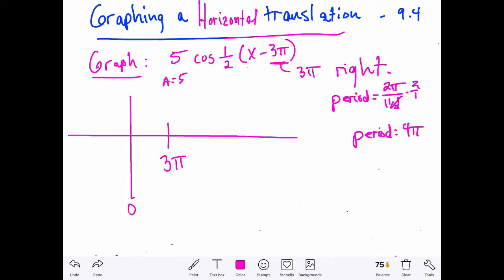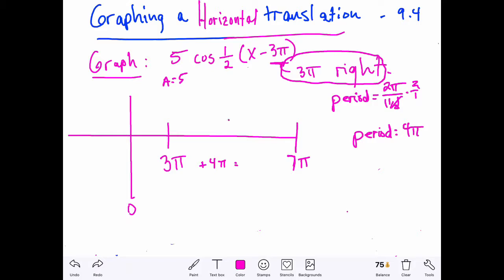Well, I'm going to add that to my starting point of 3 pi. Okay, so I wanted to start with that translation right first, so that instead of adding that 4 pi to 0, I'm going to add it to this 3 pi. Well, that'll take me all the way out here to 7 pi. 3 pi plus 4 pi equals 7 pi.